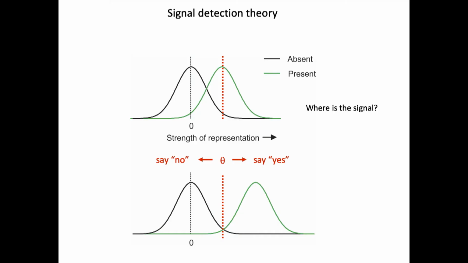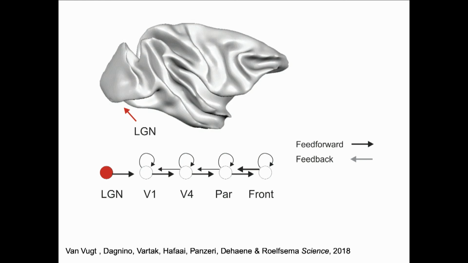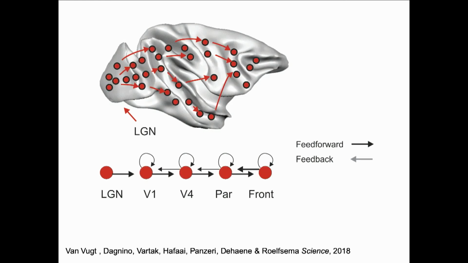Now the questions we asked here are: where is this internal representation of signal strength, and what causes this variability, the width of these distributions? This is related to the global neural workspace theory, where the idea is that if you present a weak stimulus, it gets propagated to higher areas.